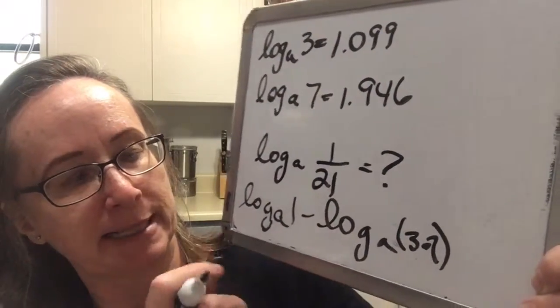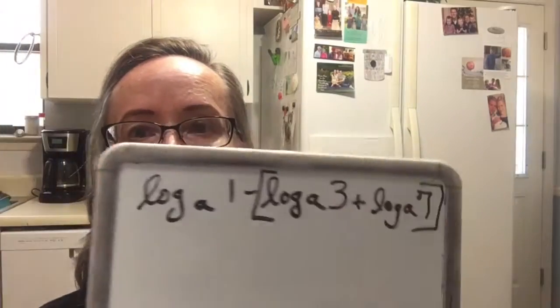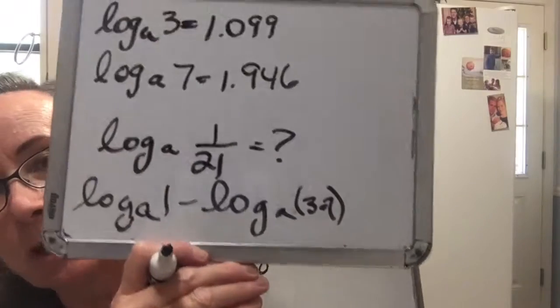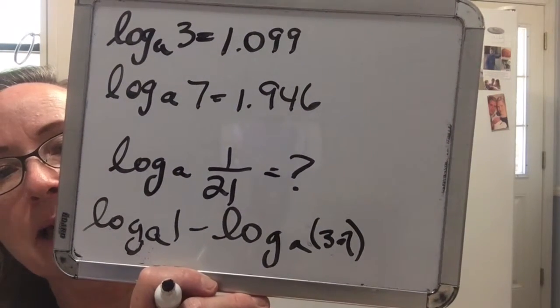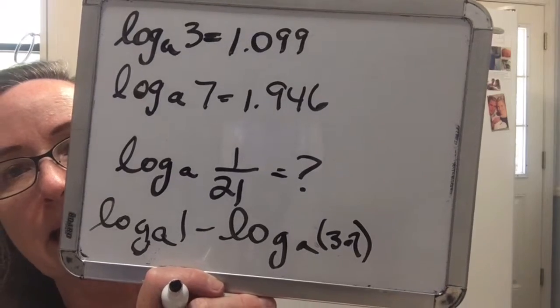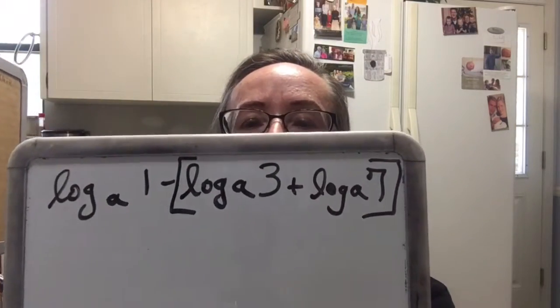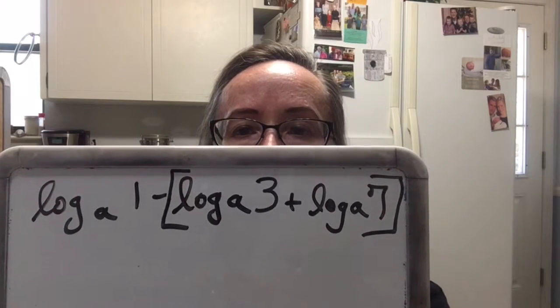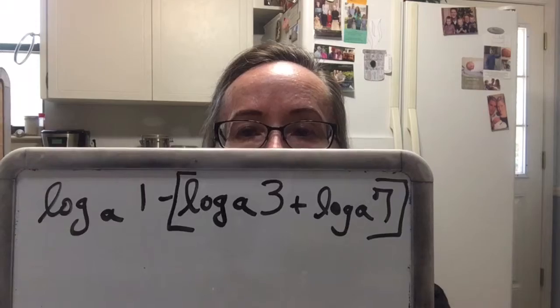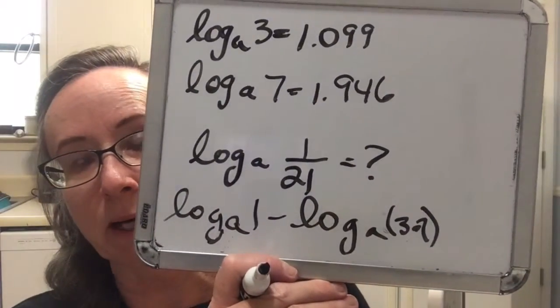So we had log base a of 1, and I have on the new board log base a of 1. But then I took my minus log base a of 3 times 7, and now I'm going to split that up. But look at what I did. I took the minus and stuck it outside of a bracket, and then I put the log base a of 3 plus the log base a of 7 because I started with a log base a of 21.